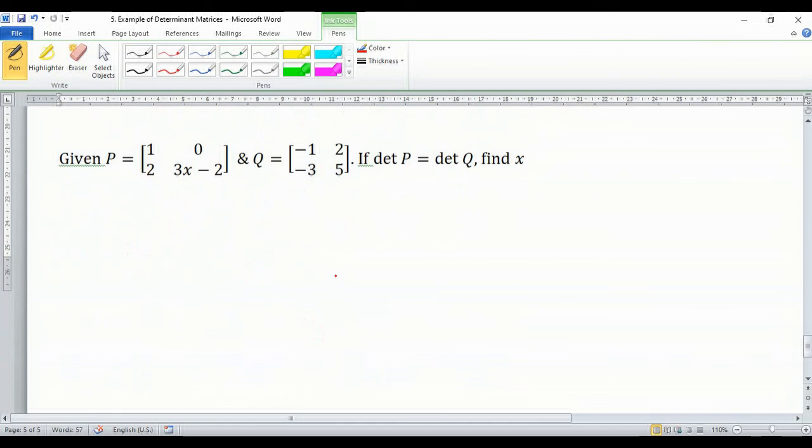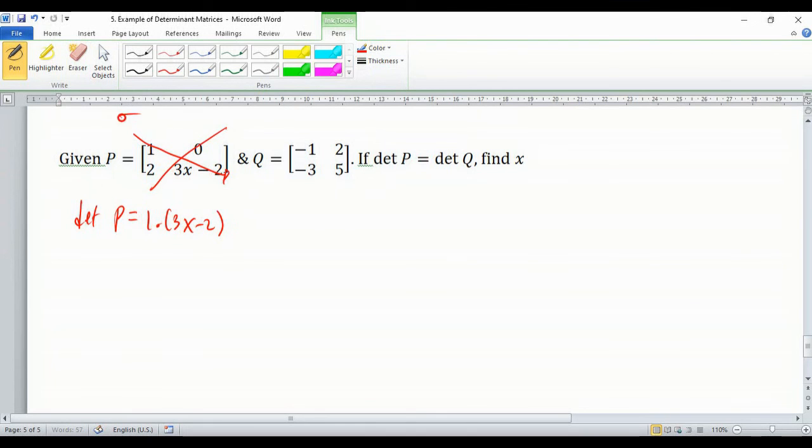Okay, they're talking about given P with entries 1, 0, 2, 3x minus 2, and then they have T with entries minus 1, 2, minus 3, 5. If the determinant of P is equal to the determinant of T, you need to find x. Remember that for the determinant of P, it's 1 times 3x minus 2.